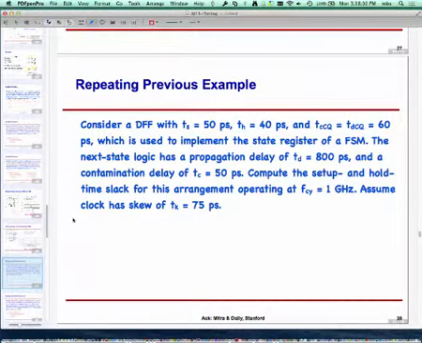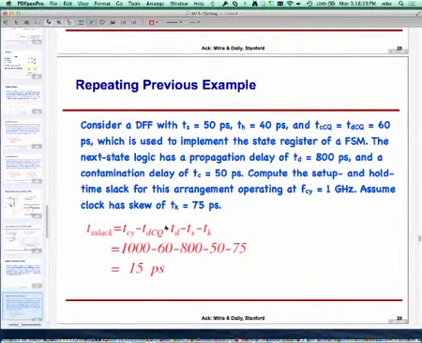So now let's repeat our previous example, the same example, but now we are assuming that the clock has a skew of 75 picoseconds. We don't know which direction the skew is, so we have to prepare for the worst case.